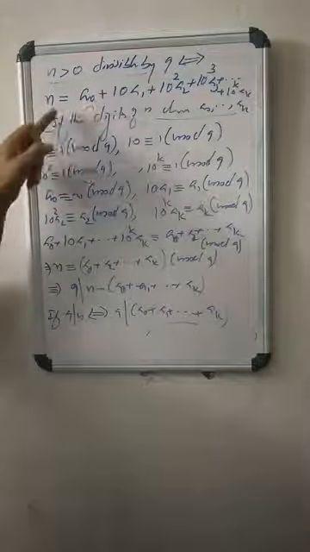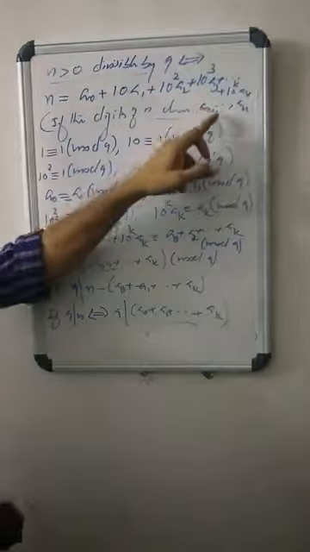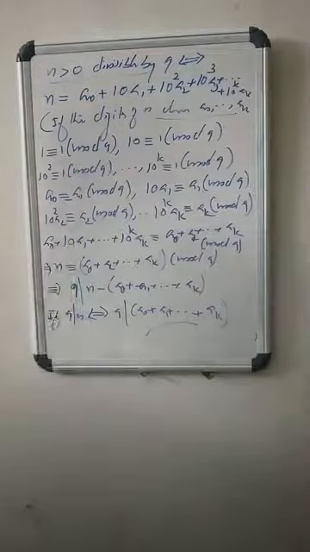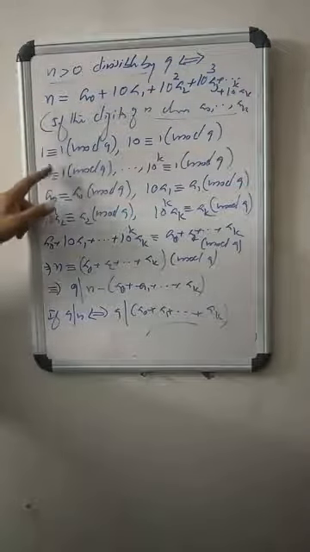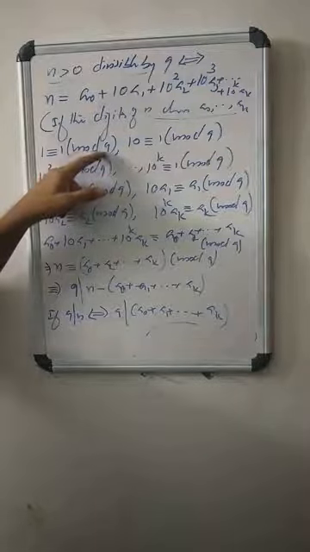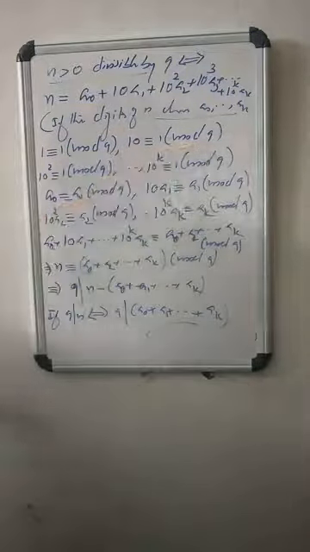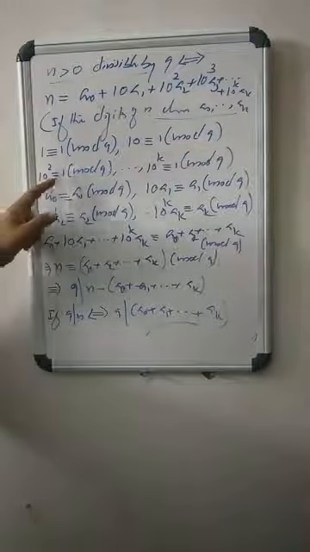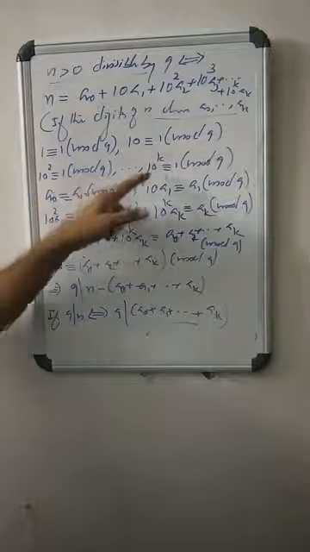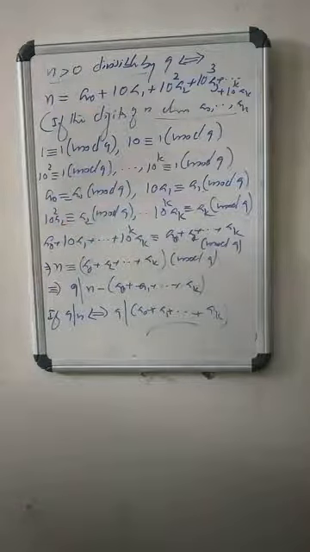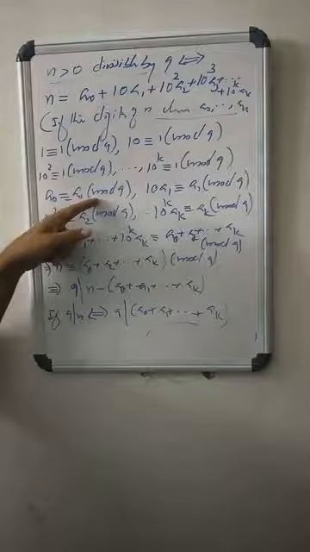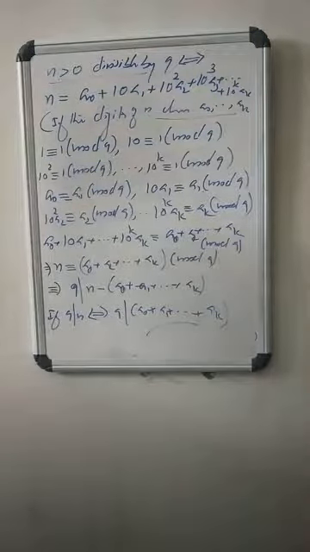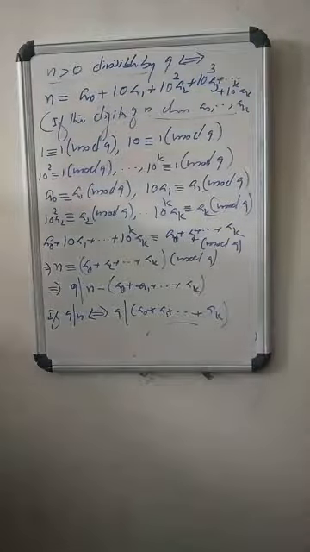Because when a0, a1, etc., ak are the decimal digits of n, instead of 9 here 1 is congruent to 1 mod 3. 10 is also congruent to 1 mod 3. 10 squared is also congruent to 1 mod 3, etc. 10 to the power k is congruent to 1 mod 3.